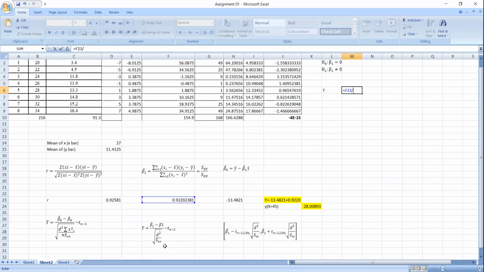So in this case, you now have to calculate the sigma square hat. And Sxx value we already have calculated, that is the summation of xi minus x bar squared, that is 168. That value we know. So now what we have to calculate is sigma squared hat. So I just copy and paste the equation, then that will be clear for you.